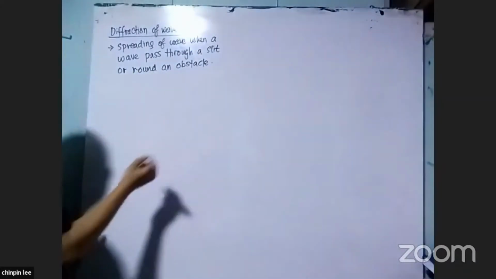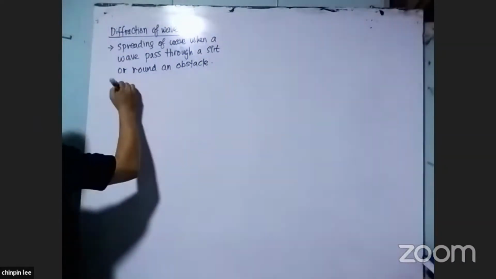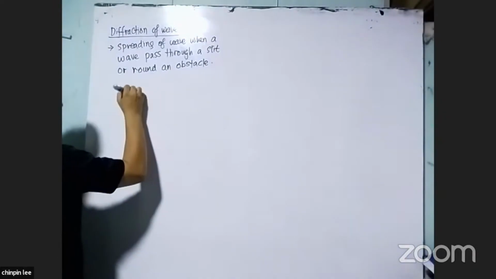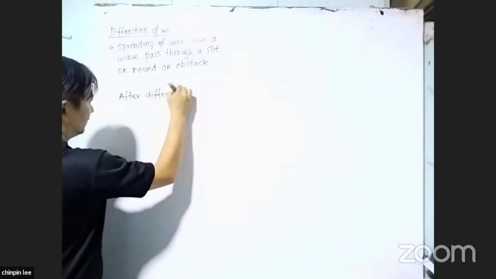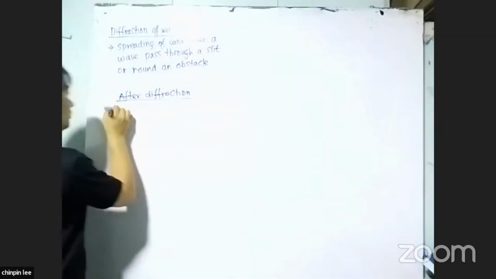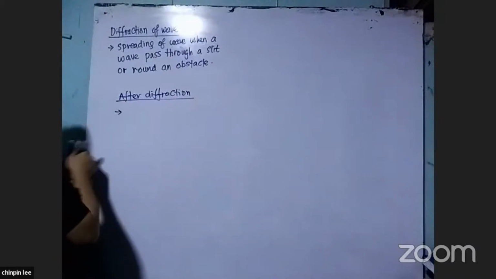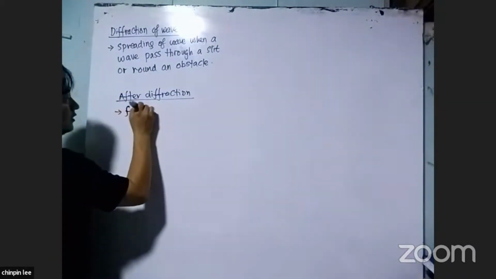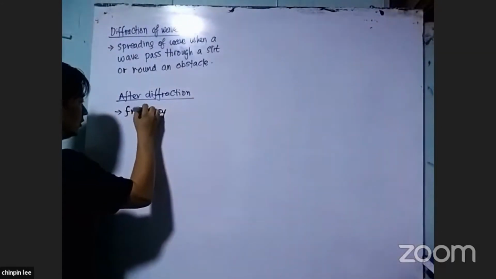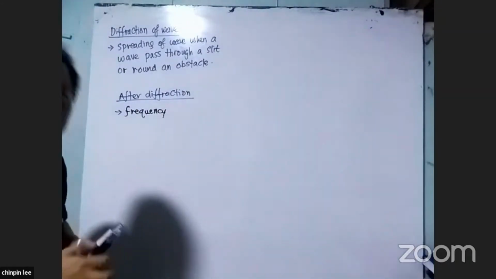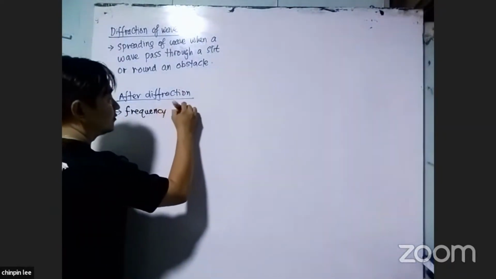The property after the wave diffracted, right? So after diffraction, there are a few things that you need to know. First is frequency. Refraction or diffraction, frequency all remain the same.